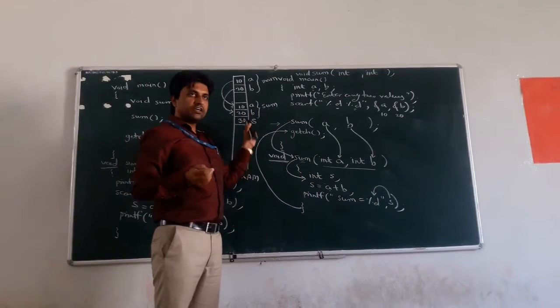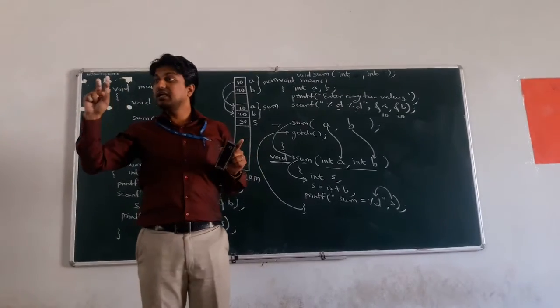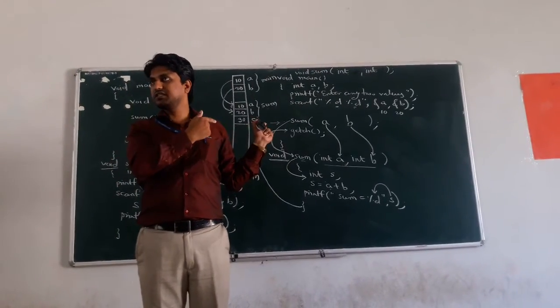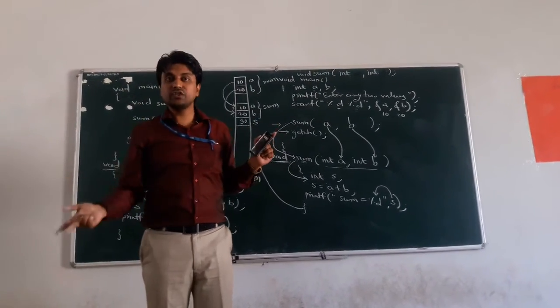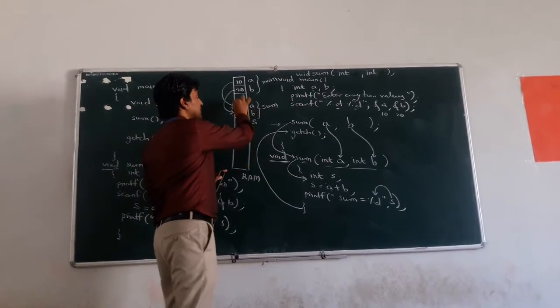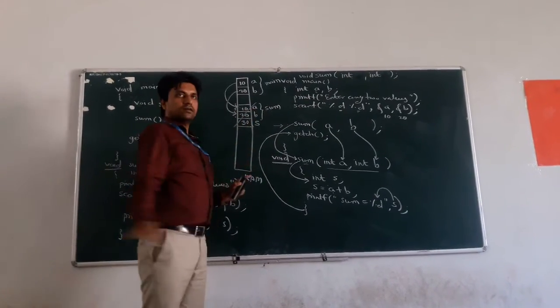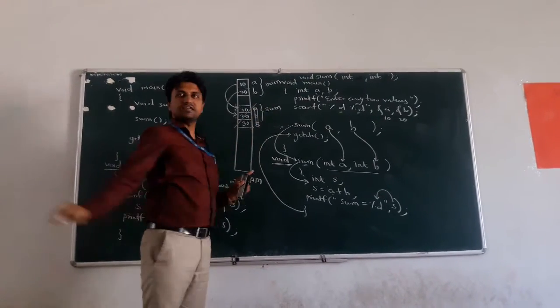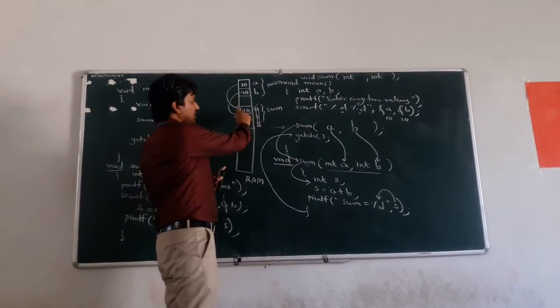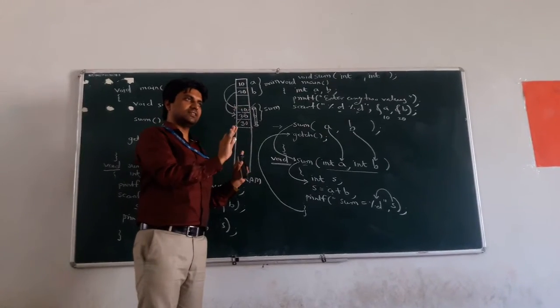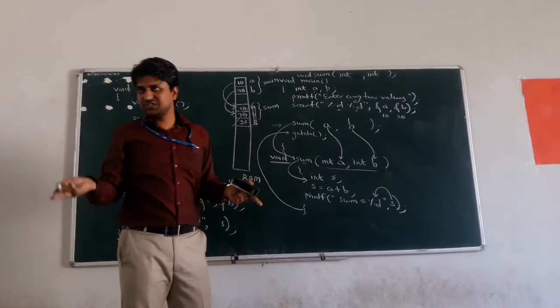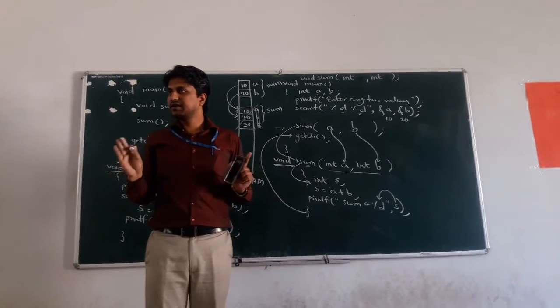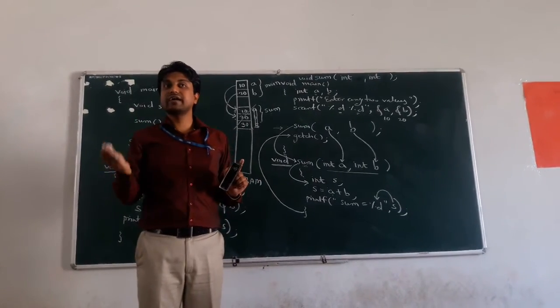If the variables are already allocated in this location, other variables cannot be allocated at the same locations. When the lifetime gets over, they become dead, which means these names do not exist there. Whatever the current values are remain as they are, but they become garbage. Clear? It becomes garbage.